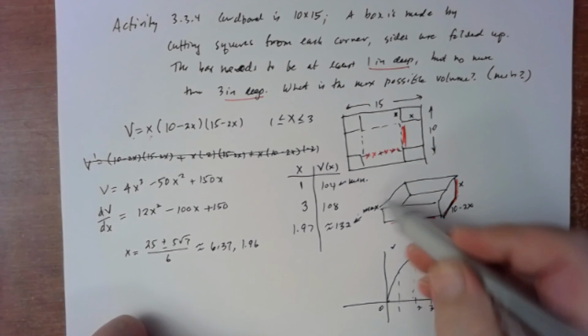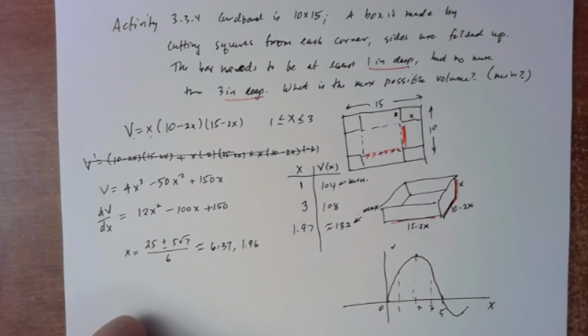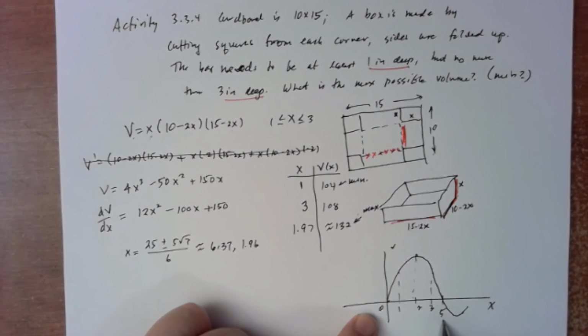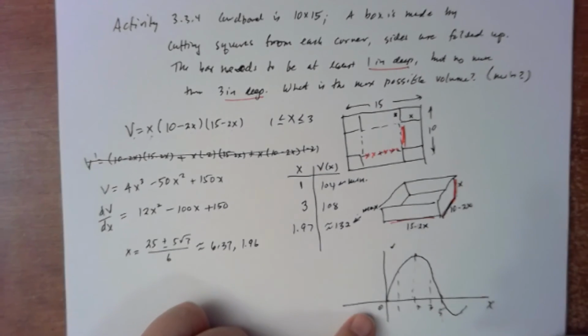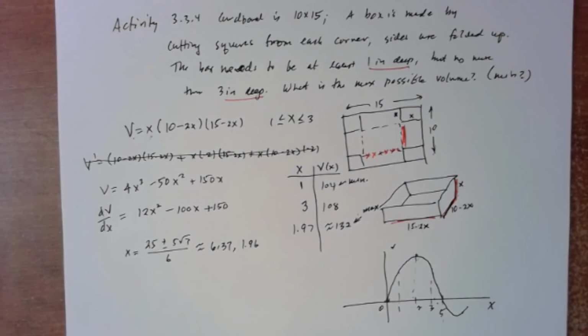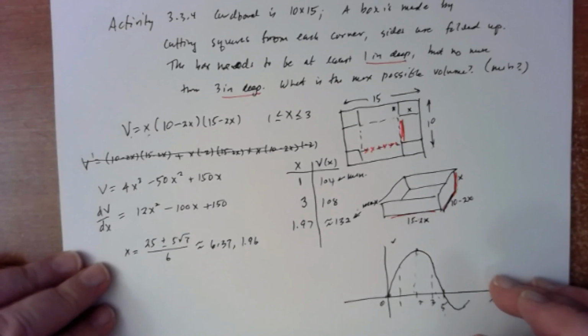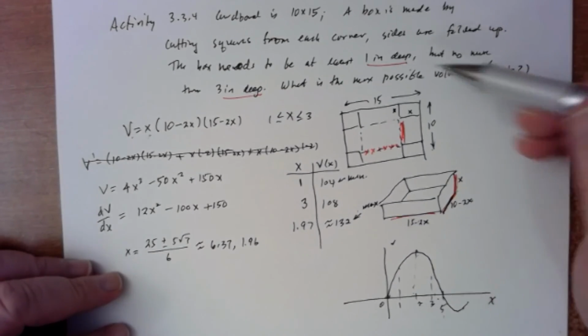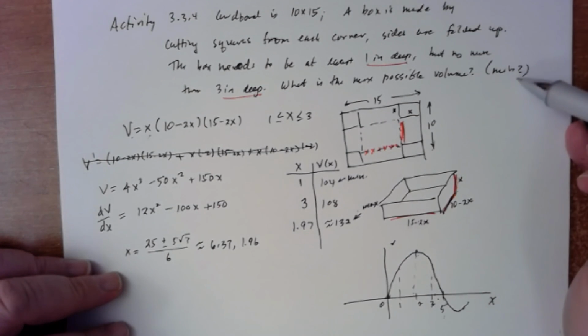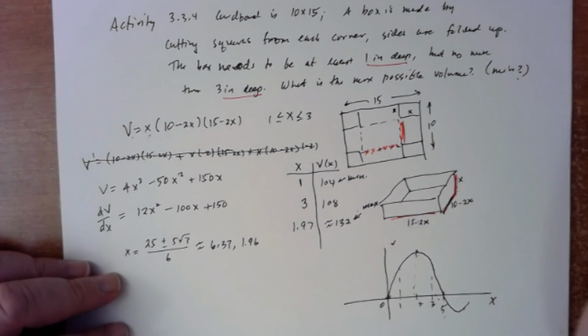That's explaining what the numbers are that you're seeing. If I had not been given the 1 and the 3, I would have gone for 0 and 5 as my two bounds, and then the middle point would have had to be my maximum, because any positive volume is bigger than 0. So again, the maximum possible volume is 132 in this case, and the minimum possible volume is 104. Very good.